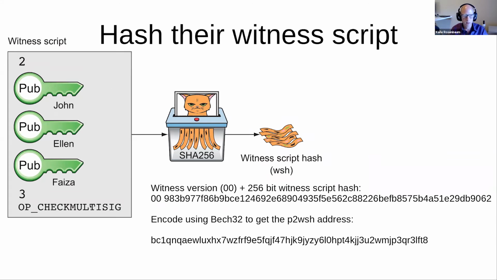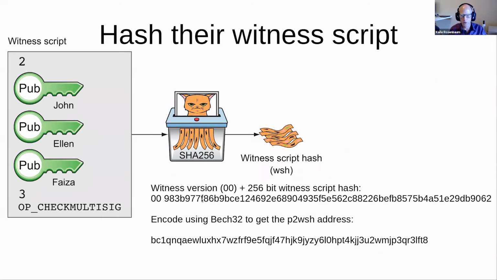So they take this witness script and they hash it, and out comes a witness script hash. And then they will construct their address from this. They take the witness version 0 byte, followed by this 256-bit witness script hash. So it would be 00 followed by this big hash here.